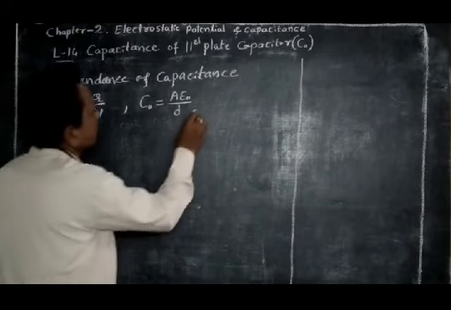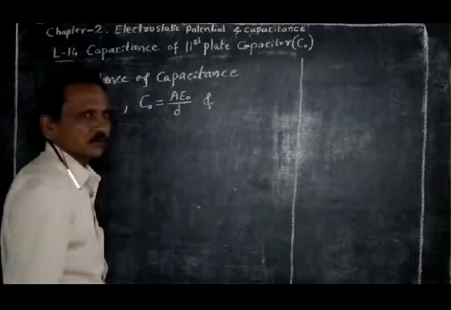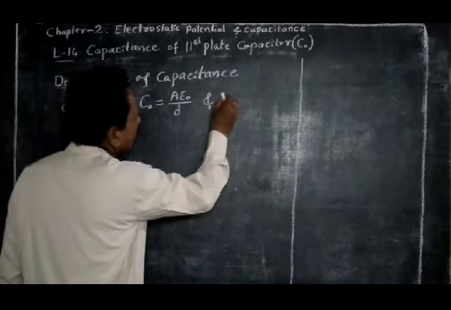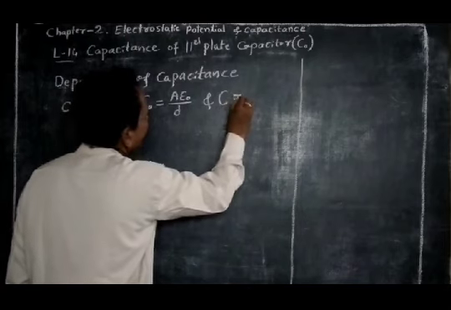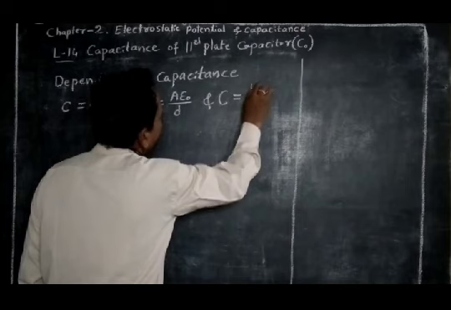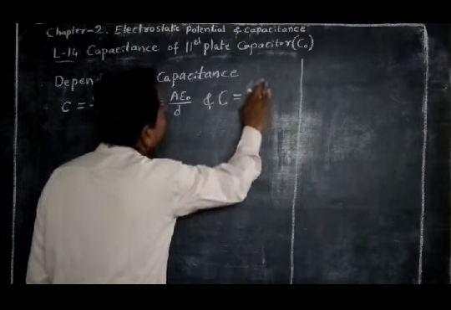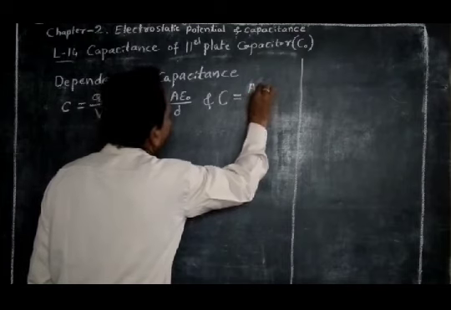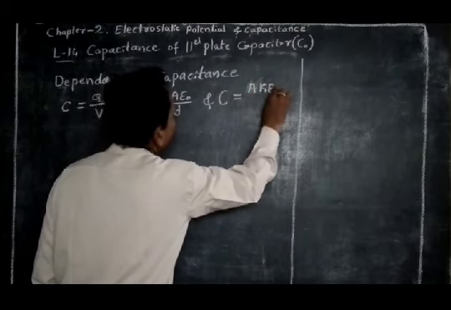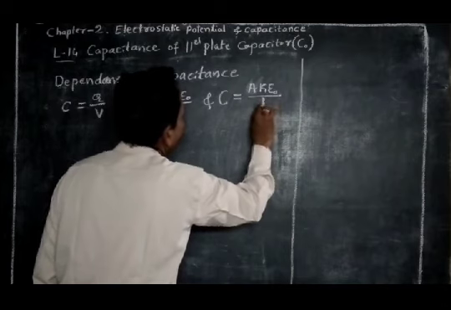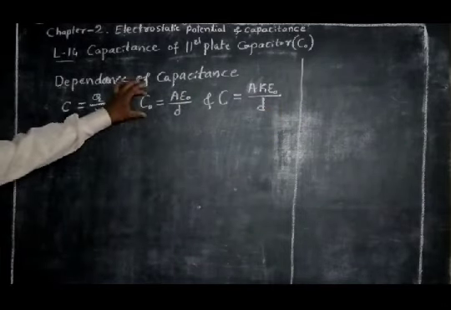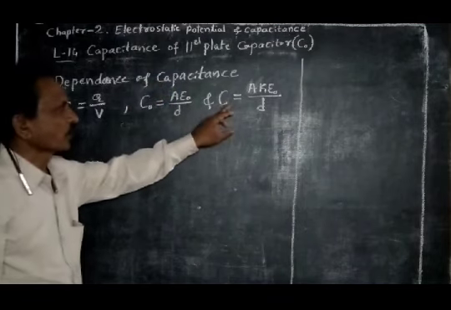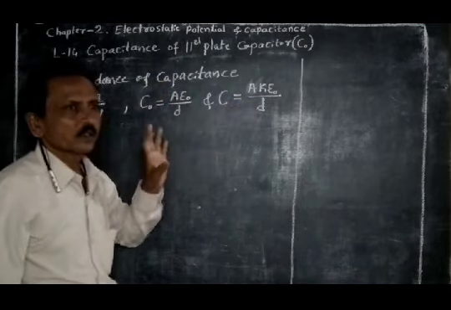And the capacitance of a parallel plate capacitor with dielectric medium is given by C equal to A K epsilon naught upon D. Here the capacitance of the capacitor with air medium is less than the capacitance with a dielectric medium.